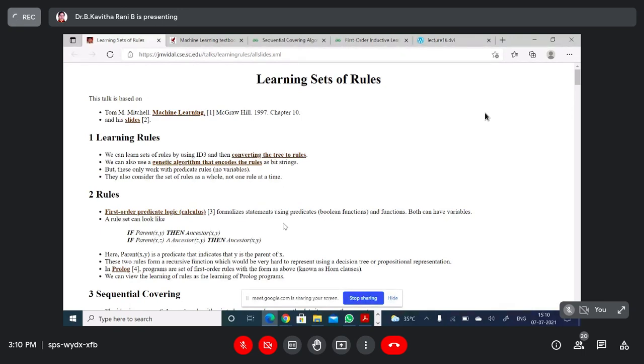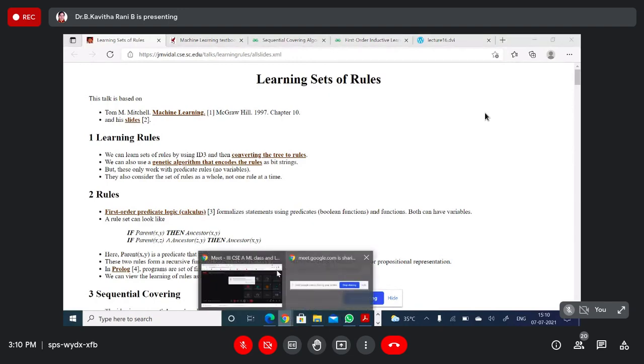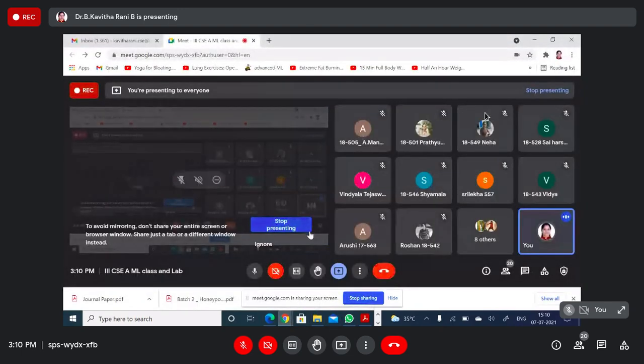In the same way, here also we will be using different techniques like sequential covering algorithm, FOIL. All these are different types of techniques which we will use here.